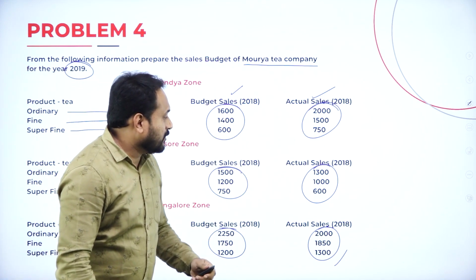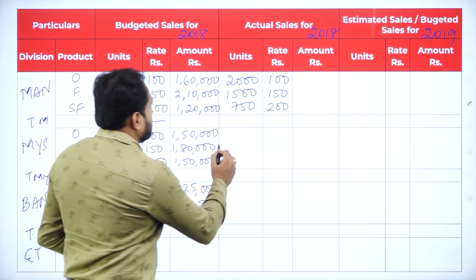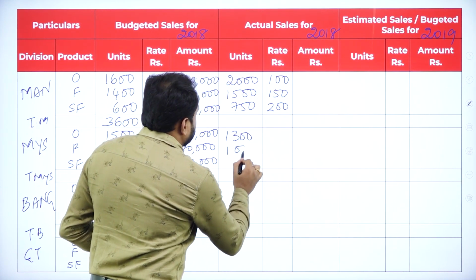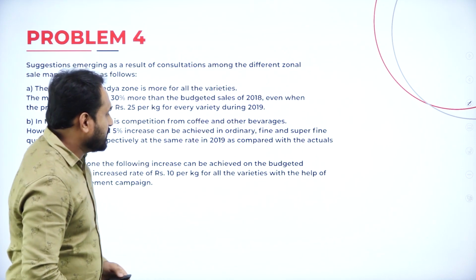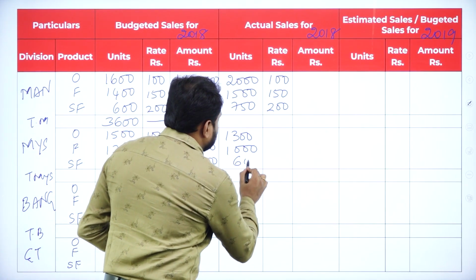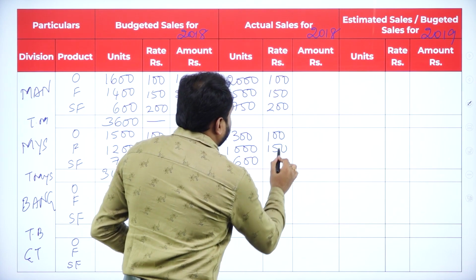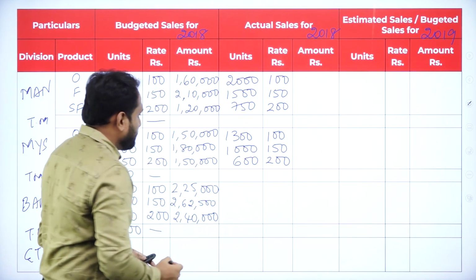So we have 1,300, 1,000, and 600. The rates are the same, 100, 150, 200. You just need to multiply that.